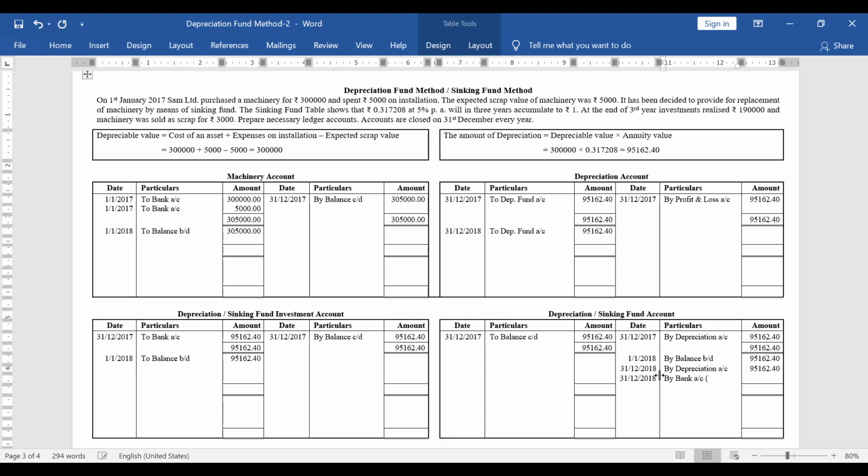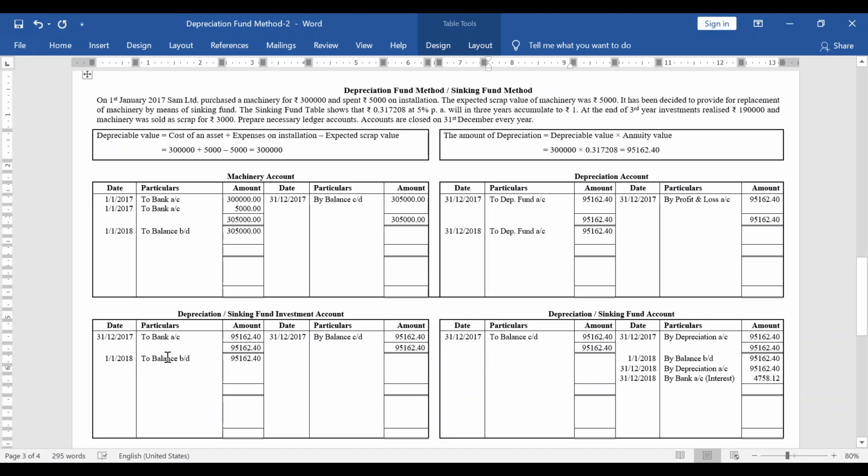That is, interest received is debited to bank account and credited to depreciation fund account, and the amount is 4,758.12. The interest is calculated on the opening balance of investment. In this case, opening balance of investment on 1st January 2018 is 95,162.40. So 5% on that.